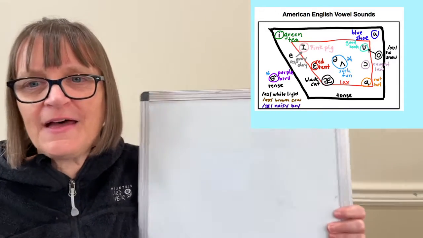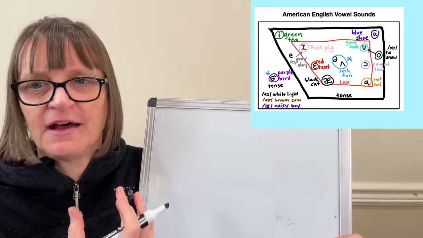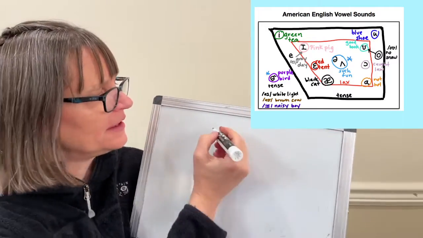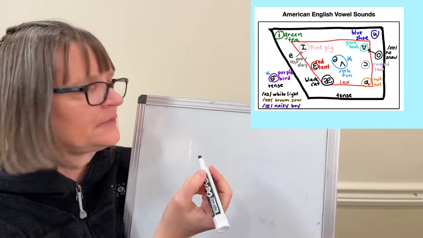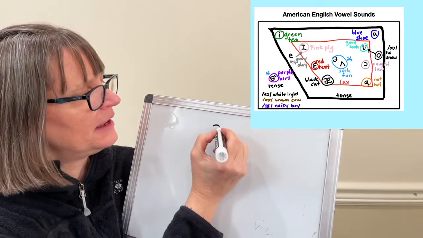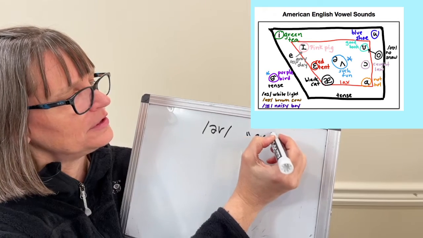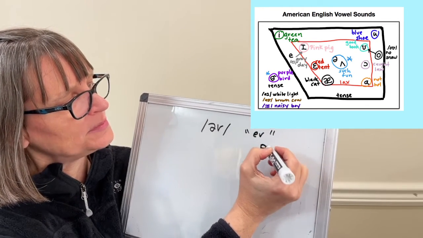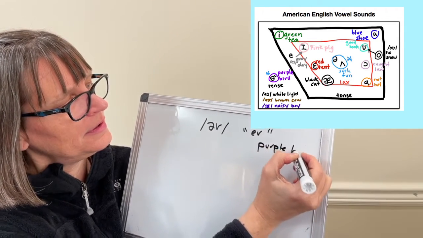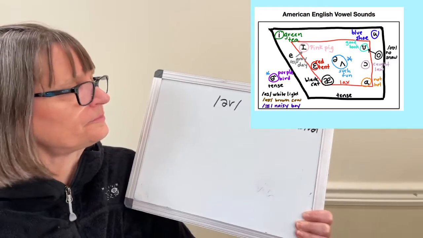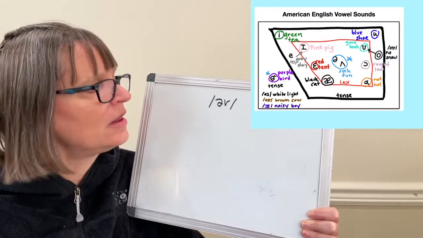Okay. Then you can see off to the side, I also included a spot for the R sound. There's a few different symbols for it. Sometimes I'll write it this way, the sound of ur like in bird. I use purple bird for my anchor words for this vowel.